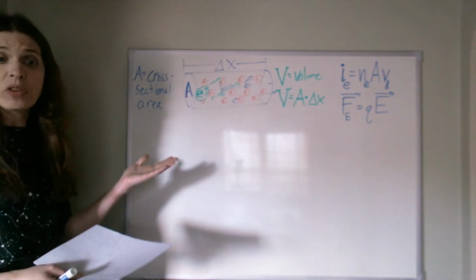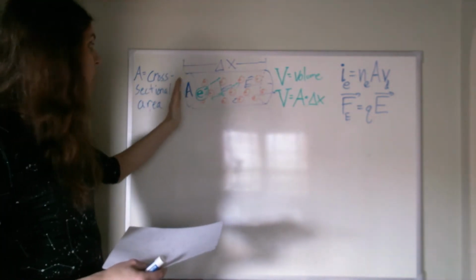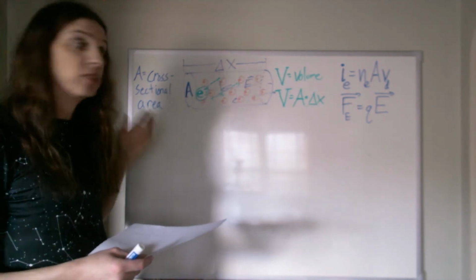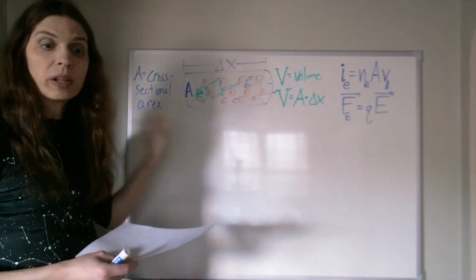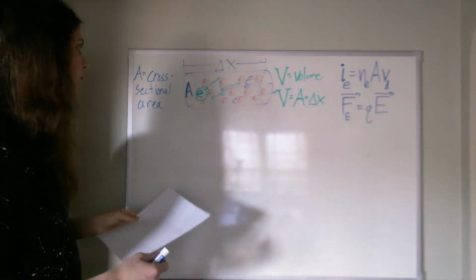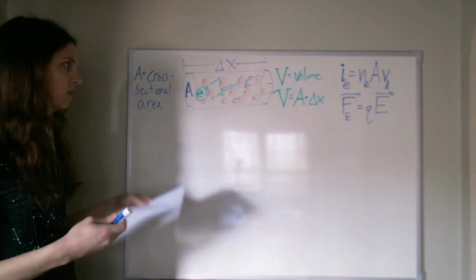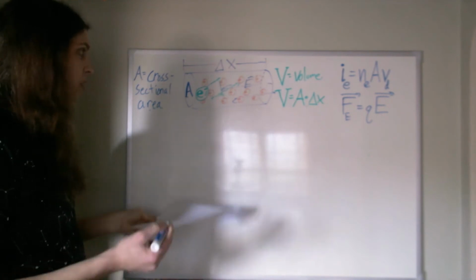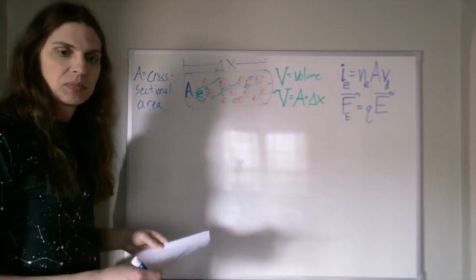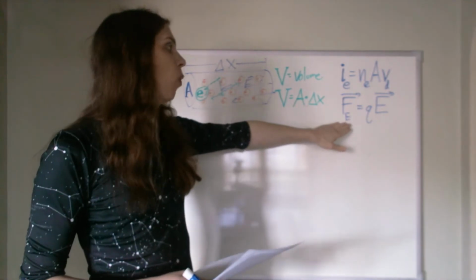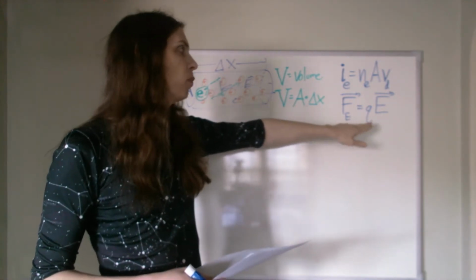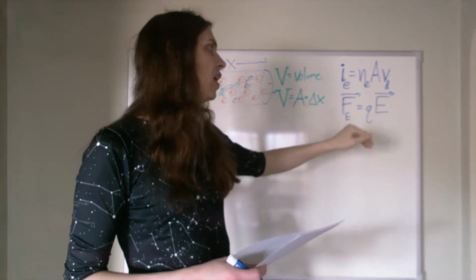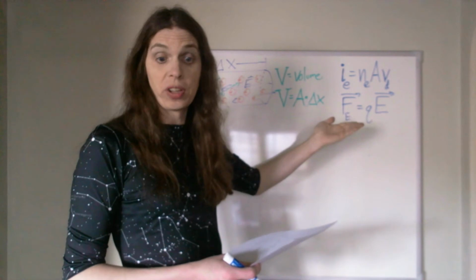So we get them moving when we connect whatever we've got to some source of potential difference, so we can generate an electric field running through it. And what does that look like? We know we get an electric field, and there's going to be a force exerted on these electrons proportional to the field strength, multiplied by the charge on the electrons.